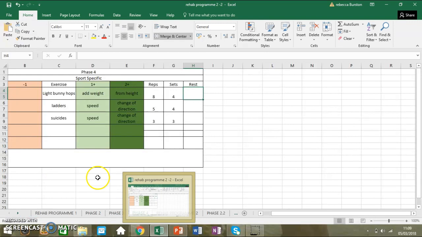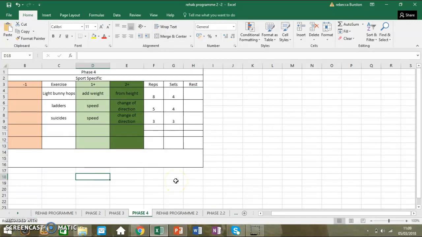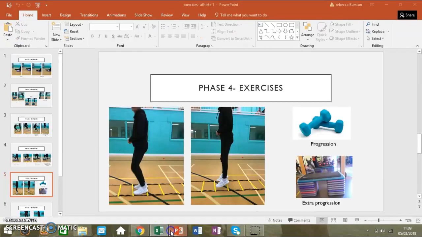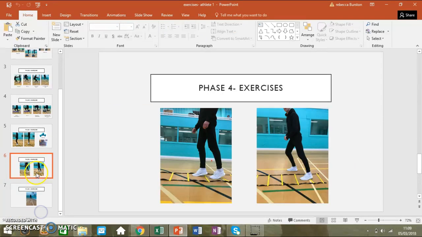So the next exercise is ladders, and this involves the athlete going through each ladder with each foot. However, to progress this, the athlete should keep working on improving their speed, and once they are happy, they can go through more difficult ladder exercises, which involves changing direction.